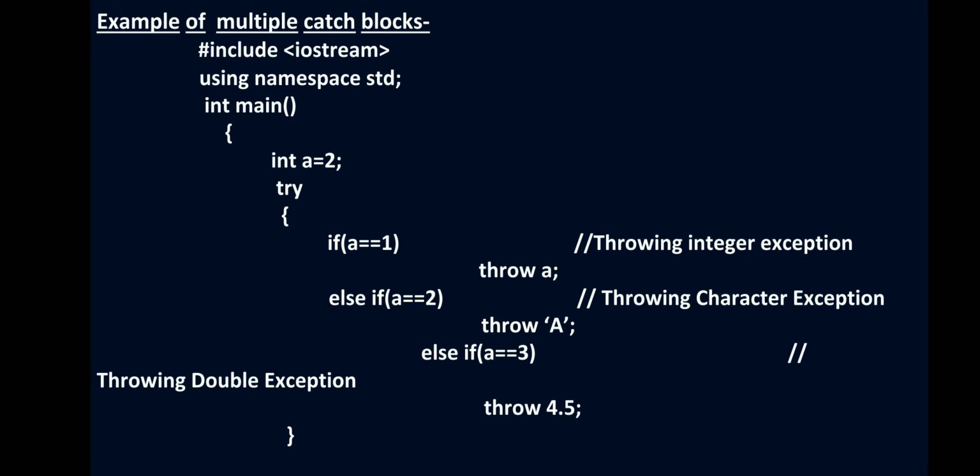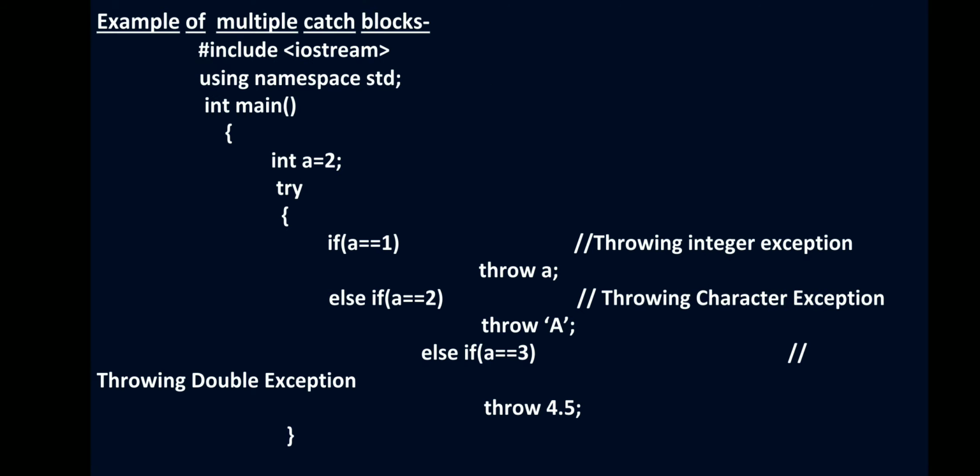Now instead of writing this many catch blocks, I can write the same program with a single catch block, that is a catch block which can catch any type of exception, which we are going to see now. So here, with this catch block, we can catch any type of exceptions.